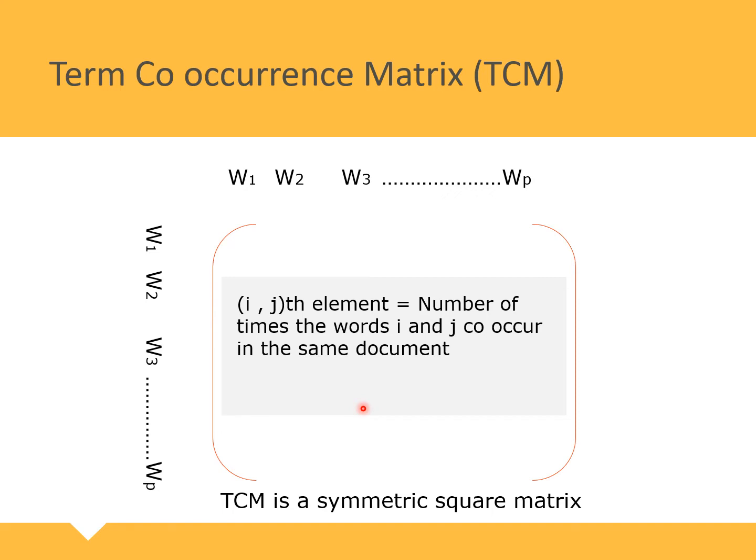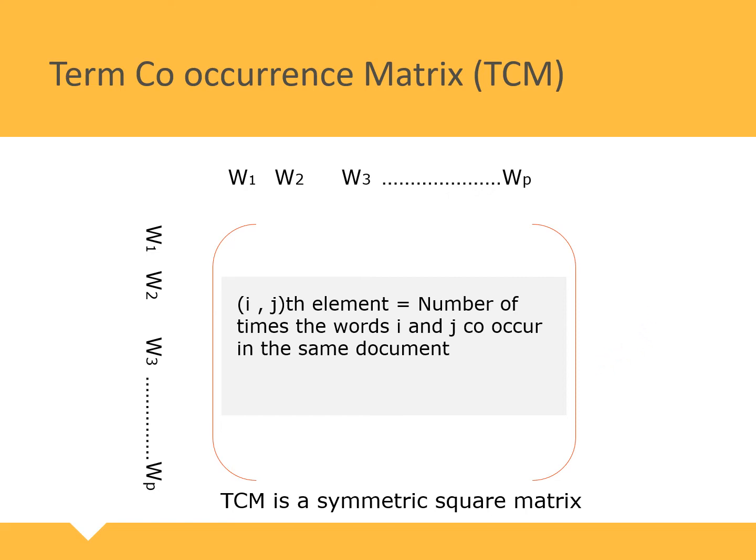Or not just synonyms, they can be words which are contextually related without being synonyms. Let's say we see the words car and fuel have a high co-occurrence count. Obviously they will not be synonyms, but we can easily infer that these are contextually related words. And it is the identification of the synonyms and the contextually related words which helps us understand what the hidden contexts, or the latent contexts, in the data are.